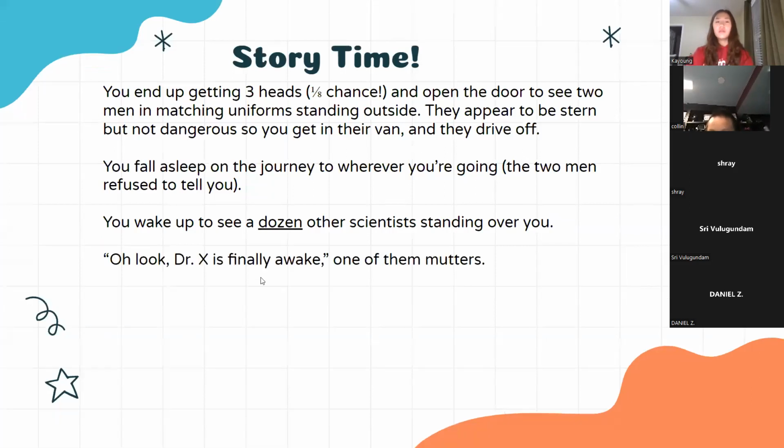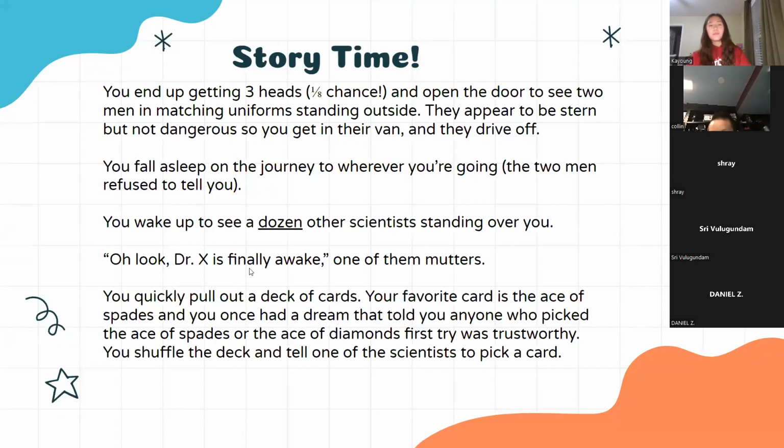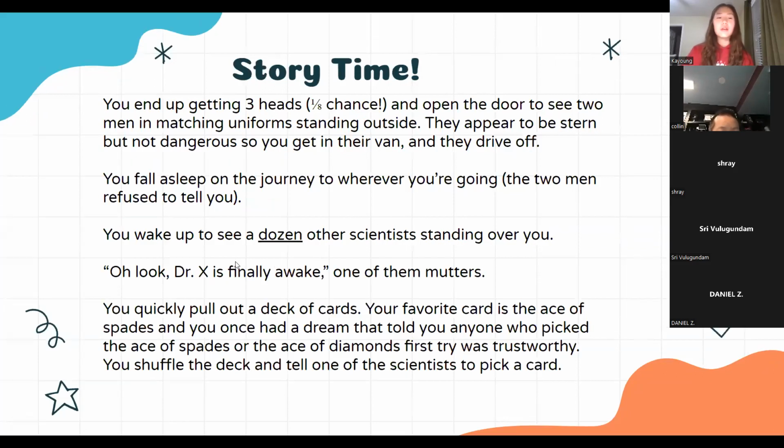So look, Dr. X is finally awake. So you pull out a deck of cards, and your favorite is the Ace of Spades. And you once had a dream that told you that anyone who picked the Ace of Spades or the Ace of Diamonds first try was trustworthy. So you shuffle the deck and tell one of the scientists to pick a card.